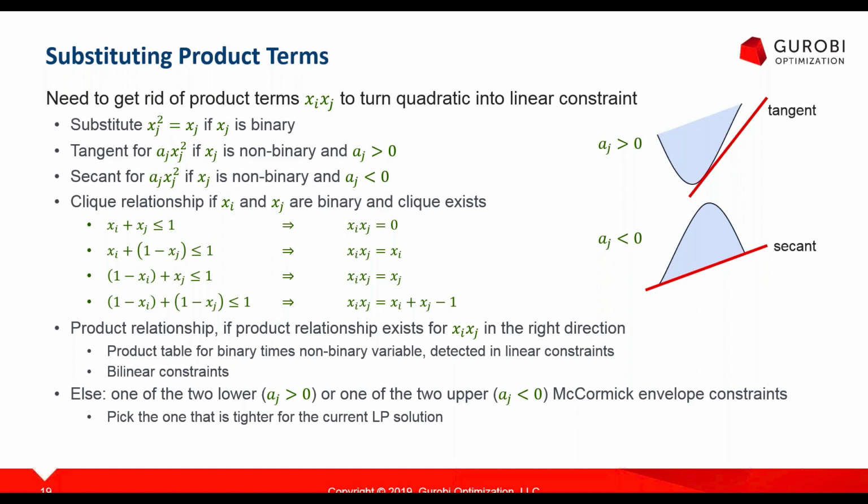Here we have a choice because we have two constraints, and we just pick the one that is tighter at the current LP solution. Okay, now we have replaced all the product terms by linear expressions. So that means the resulting constraint is a linear constraint, and this one we can add as a cutting plane to the MILP solver.